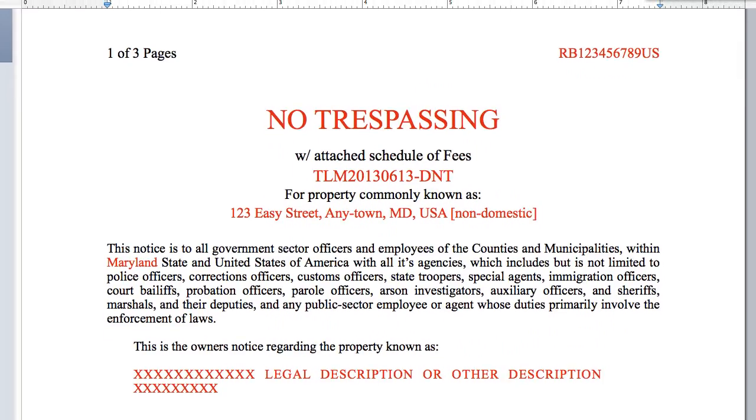Right, so here we have a no trespassing contract. It's one of 3 pages, and the last 2 pages are part of the fee schedule that's attached. So we're attempting to use this as a binding and enforceable agreement, because if it's not binding and enforceable, then we're kind of wasting our time when we're doing it.